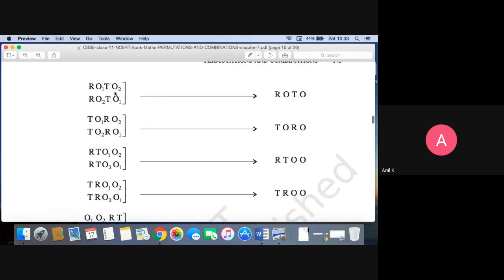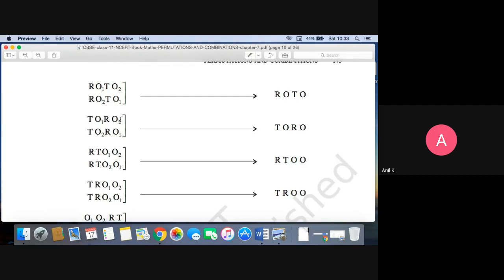Similarly, ROTO, whether you put the first O, second O, or second O, first O, still it will give me ROTO. Similarly, TORO. Even if you exchange the position of the O's in the 4-letter word, still it is going to end with the same word.